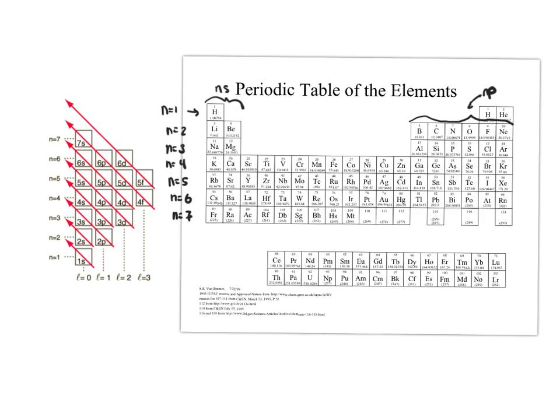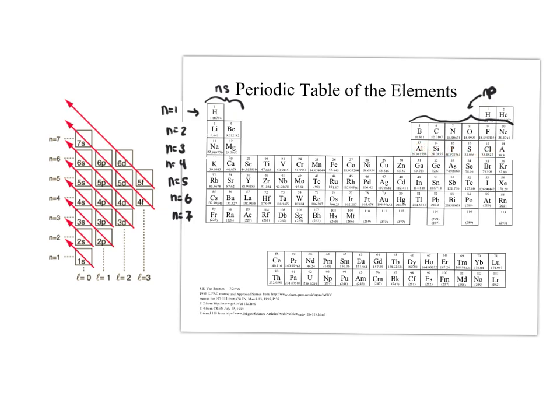If I'm in row 2, row 1 doesn't have any p orbitals, but in row 2 now my outermost electrons, the next electrons, are in 2p. All 6 of these atoms have electrons in 2p in their lowest energy. If I move to n equals 3, these two atoms have outermost electrons in 3s, and these are 3p.